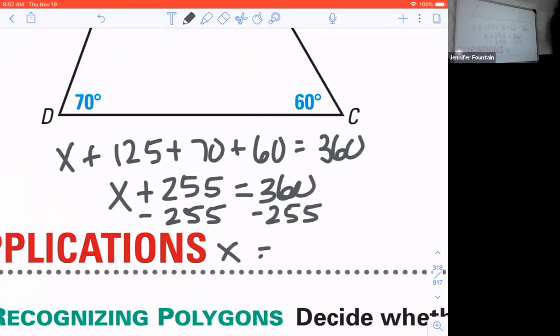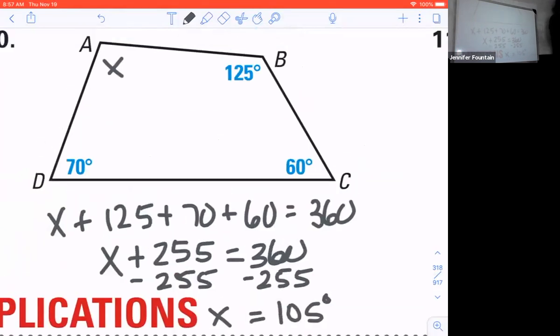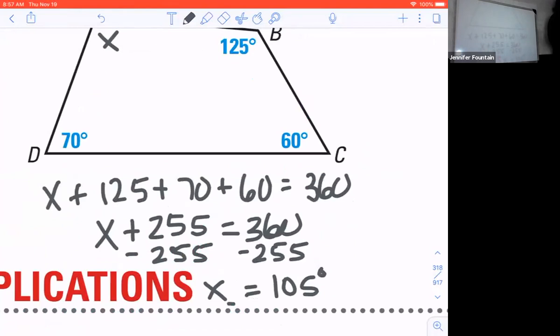So X is equal to 105 degrees. Is that right? Just add 5, you have 260, and then you add 100. Okay, so 105.